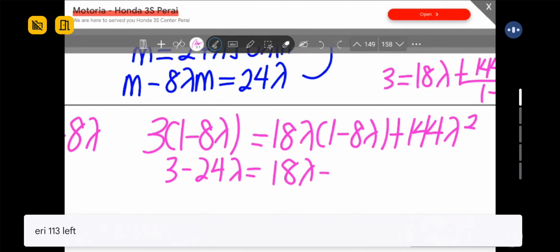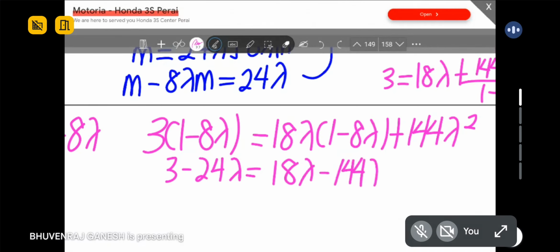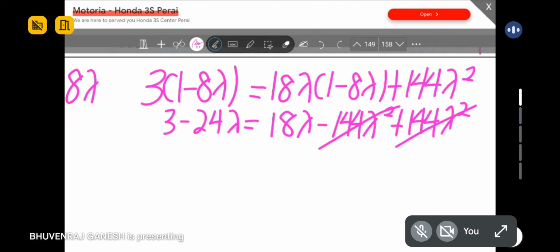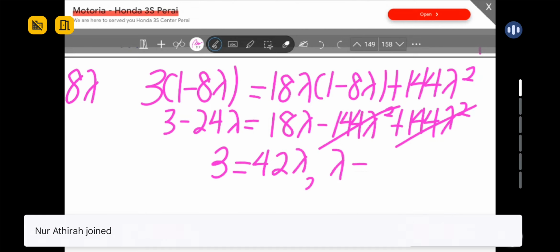You will get 144 lambda squared plus 144 lambda squared. So minus 144 and plus 144 cancel, guys. Boleh potong. So what do you have now? You will have 3 is equal to 42 lambda. So lambda is actually equal to 1 over 14.